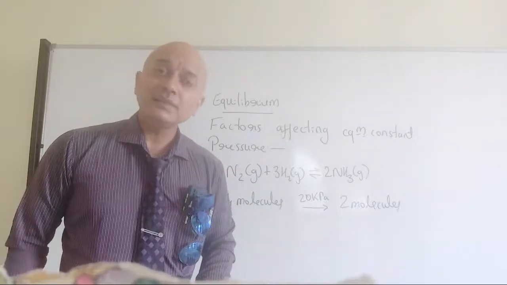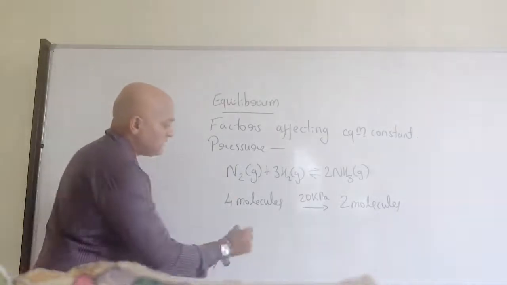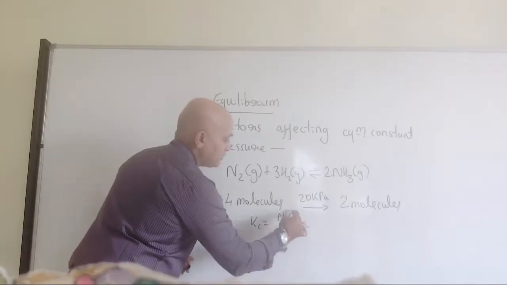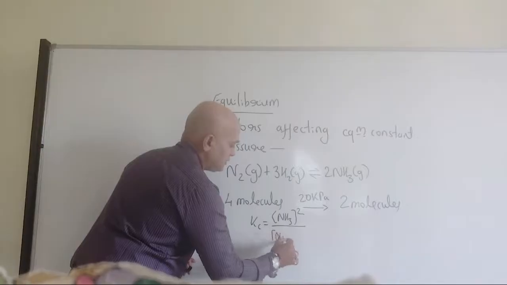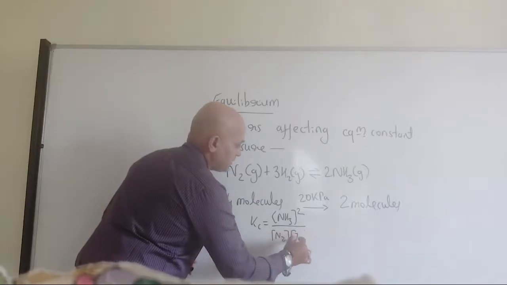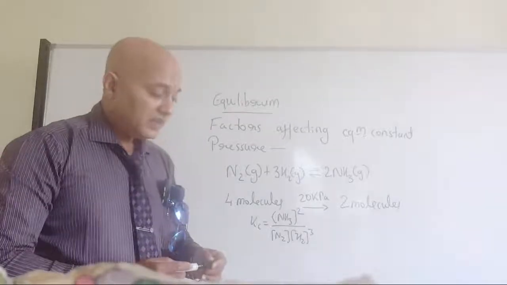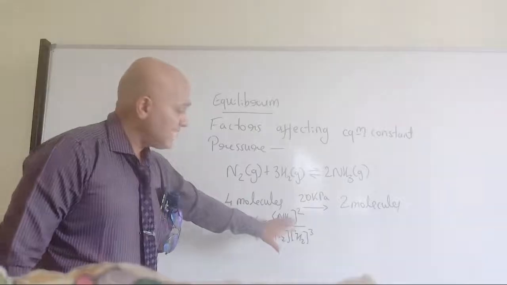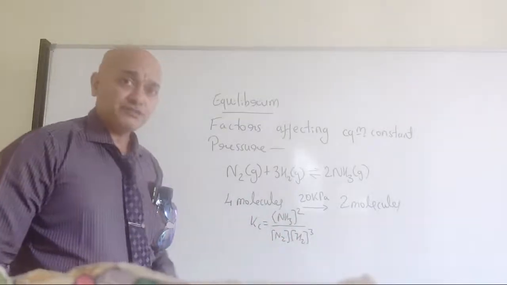Am I clear? For example, without pressure, we imagine that Kc is ammonia to the power of 2, divided by nitrogen to the power of 1 and hydrogen to the power of 3, right? It might be so in the absence of pressure. So naturally some ammonia will be formed, and nitrogen and hydrogen will be there.